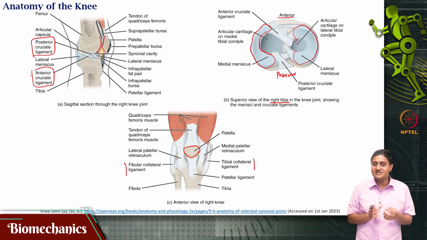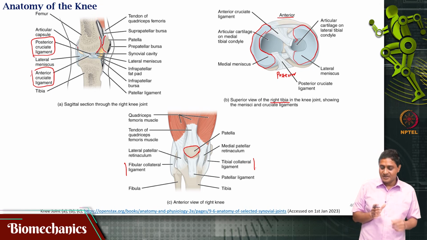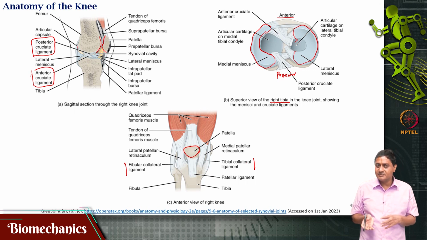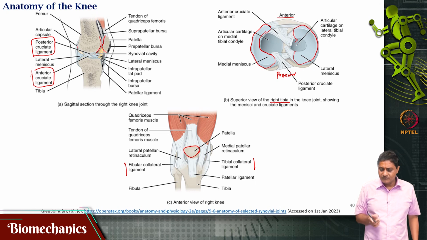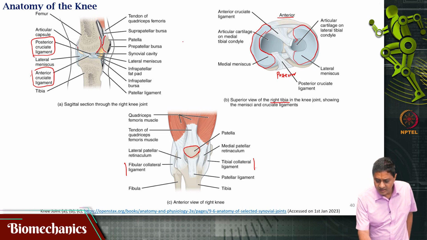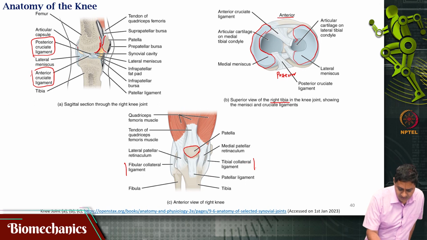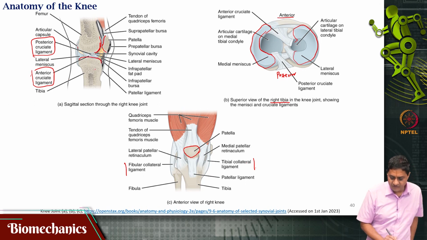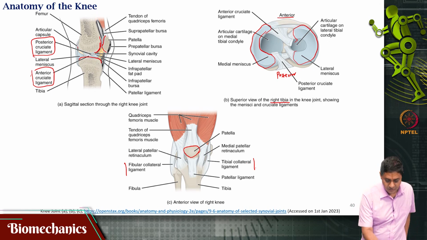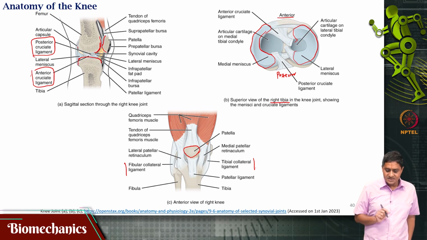So, there is a structural arrangement such that this interaction is relatively smooth. The femur's condyles interaction with the tibia leads to motion in which there can be rotation that happens here, as in here we are only seeing one of the two tibiofemoral joints, as well as some gliding.